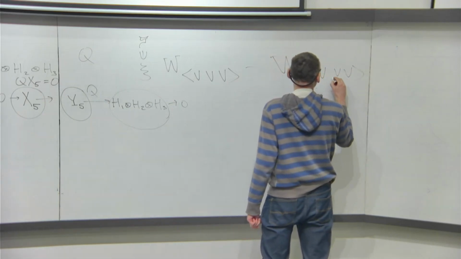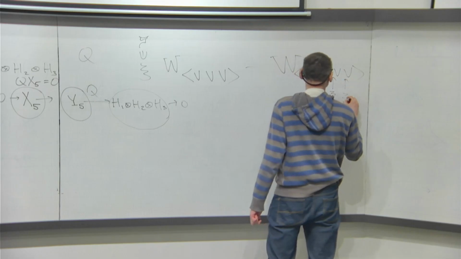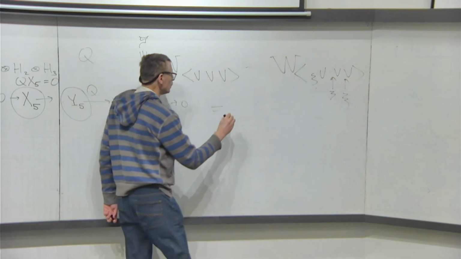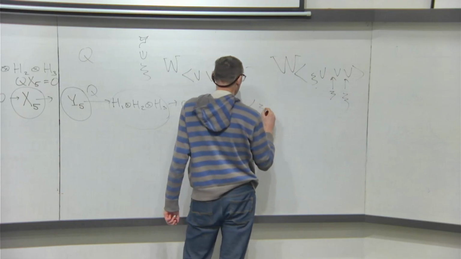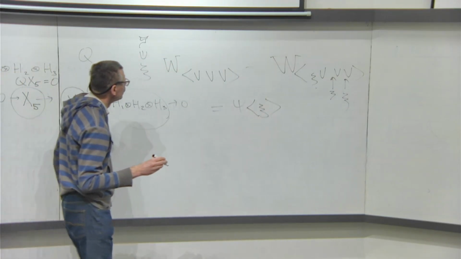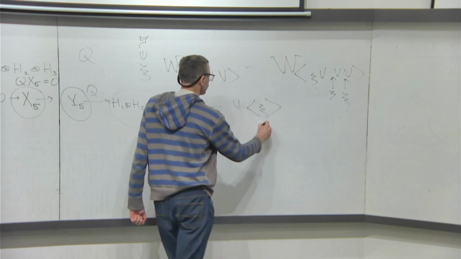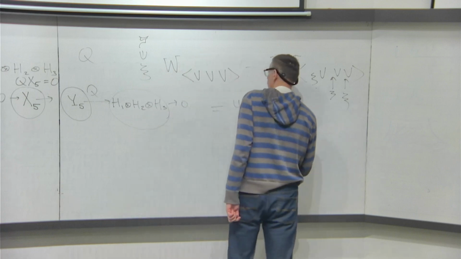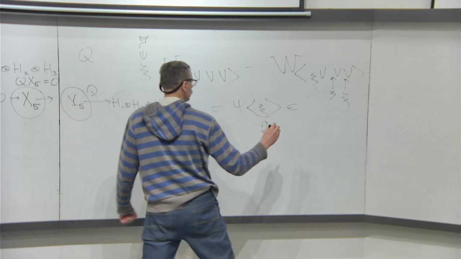So you should act on each one. And this will be some expression which depends on Xi. So let me call it psi of Xi. It's a function of an element of the Lie algebra, Xi in G, and we know that it belongs to the kernel of Q.